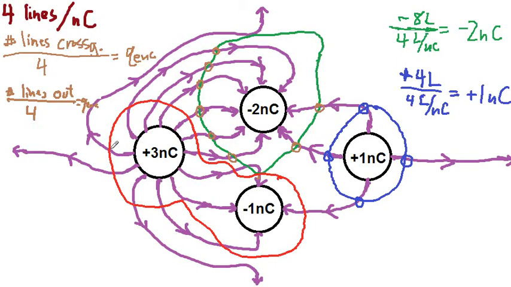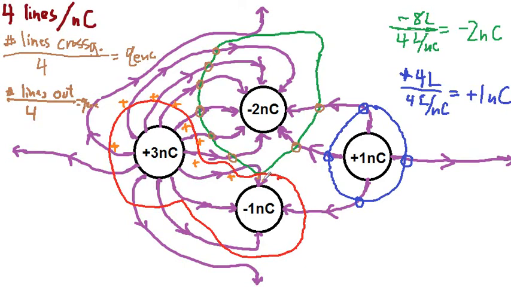Let me do this one in red, and this time I'm going to be a little sneaky, and instead of doing just one of these charges, I'm going to do both this -1 here and the 3, okay? So I'm going to draw a curve that goes around these guys. Hold on, I actually want to enclose this guy. Okay, so now how many cross this red line?